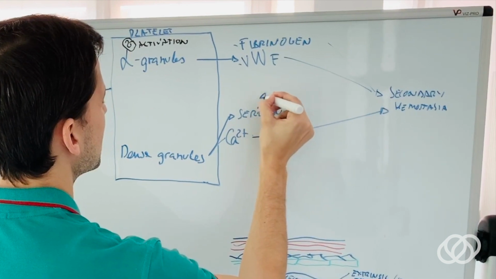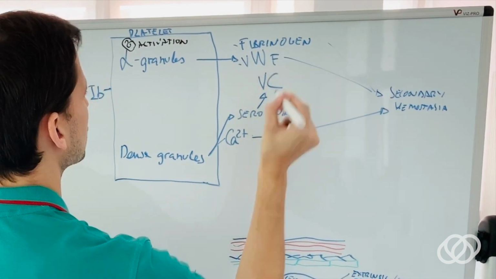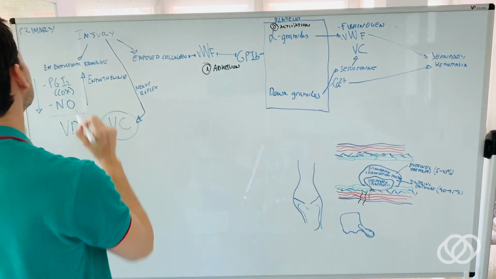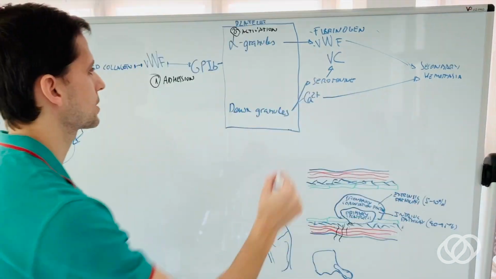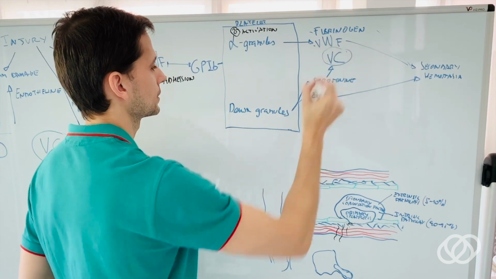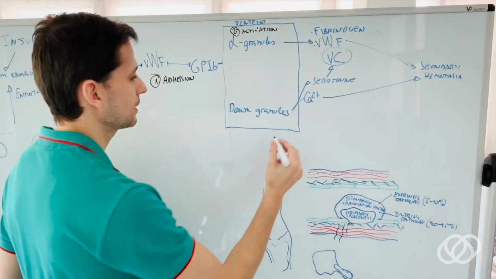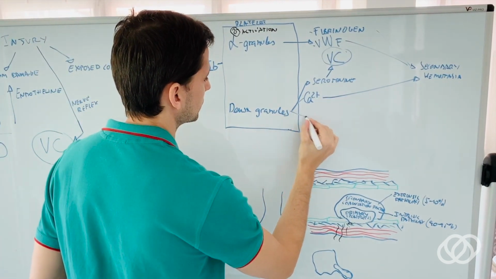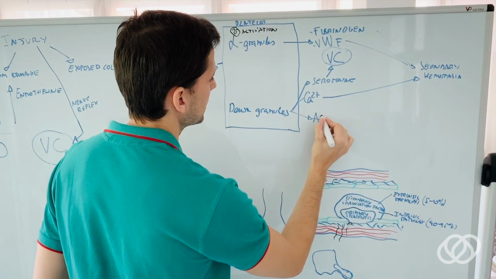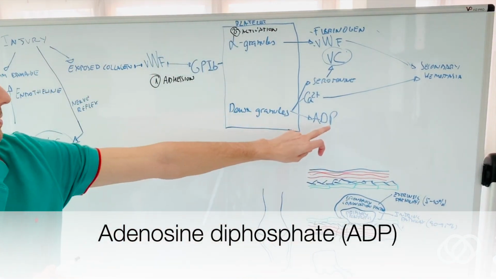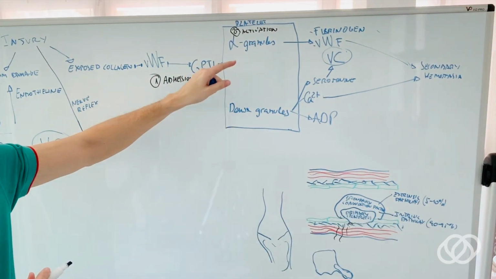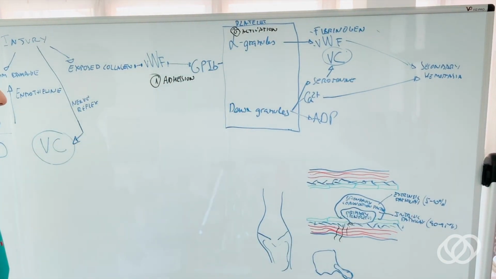Serotonin is mainly a vasoconstrictor. So we are going to have more vasoconstrictor substances here. And finally, ADP. ADP, we will see in a minute, is very important for the next phase of the primary hemostasis.